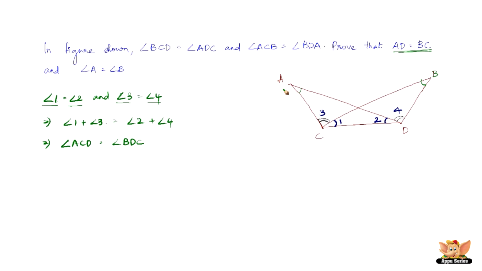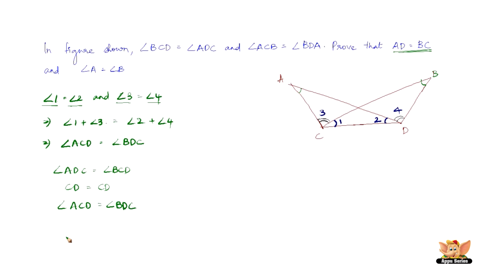Thus, in triangles ACD and BDC, we have angle ADC equal to angle BCD. CD equals CD. Why? Because it is a common side to both the triangles. And then we have angle ACD equals angle BDC.